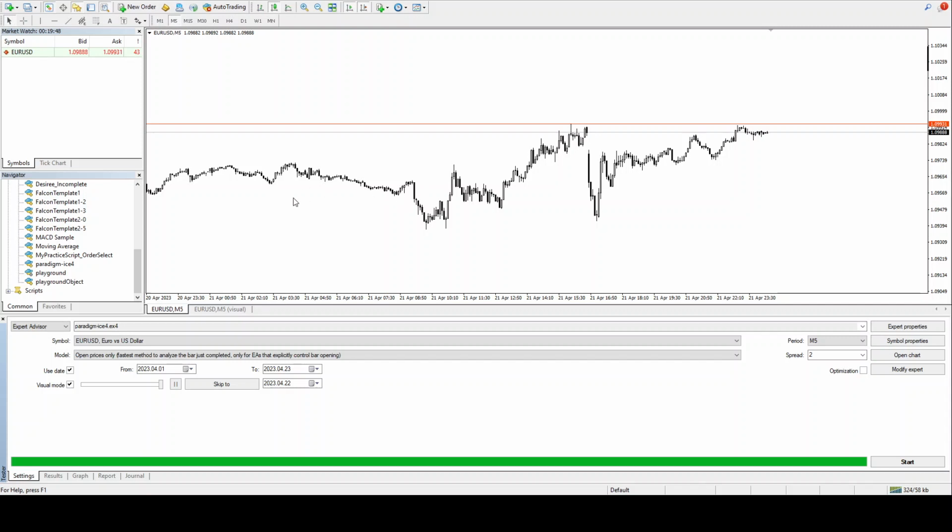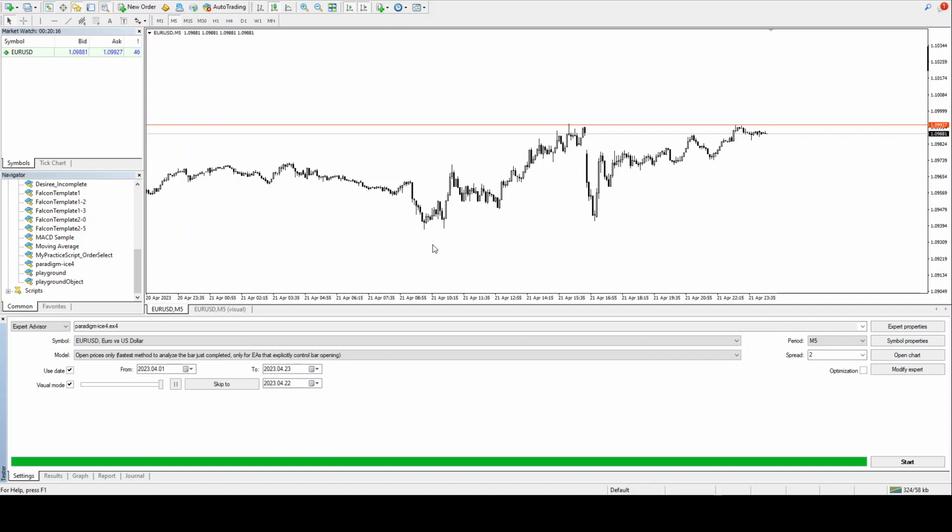And time based TP, I've not coded this yet, so this does not have any effect. And risk, I'm going to set the risk to 1%. Mitigate drawdown, I'm going to set it to true. Mitigate drawdown is an algorithm I built into the EA to control the risk, so it is not always using 1%.